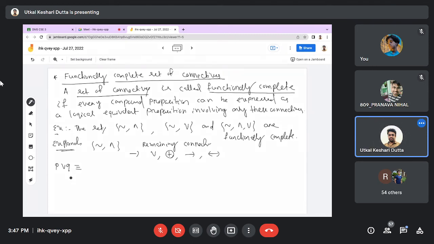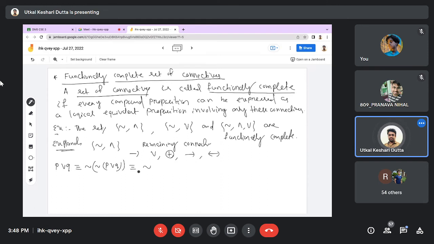Tell me, is there any equivalent proposition which contains only negation and conjunction? Use De Morgan's law. That is negation of negation of P disjunction Q, by the negation law. Then what will be negation of P disjunction Q?